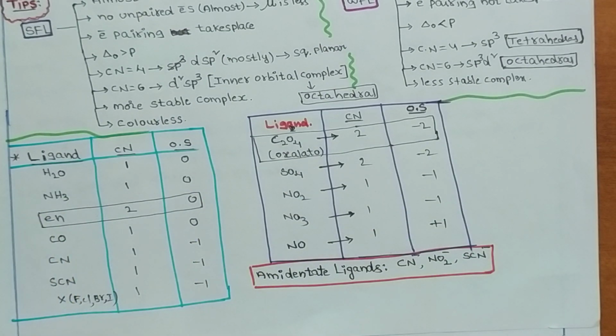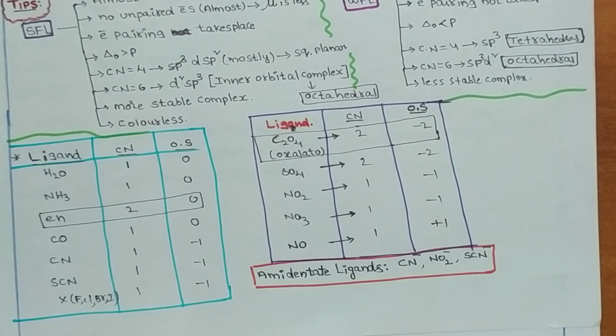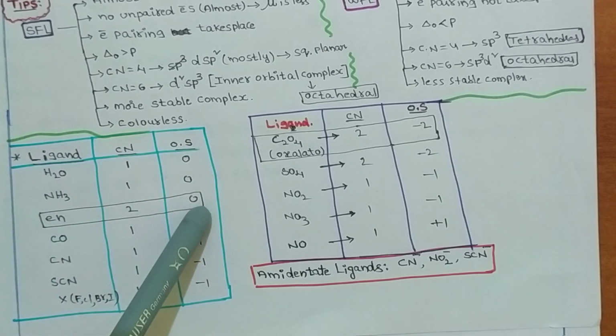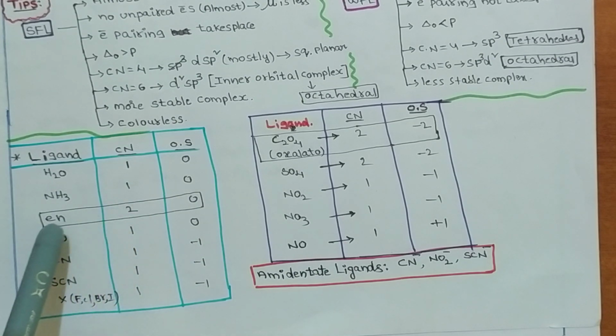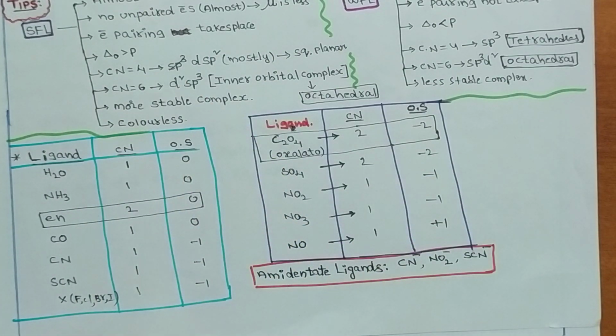Now, what is a neutral ligand? Water: coordination number 1, oxidation state 0. Next, ammonia: coordination number 1, oxidation state 0, neutral ligand. Ethylene diamine is a neutral ligand with coordination number 2. One ethylene diamine has 2 donor sites, so its denticity is 2. Coordination number here is nothing but denticity. Denticity means the number of donor sites in a given ligand.